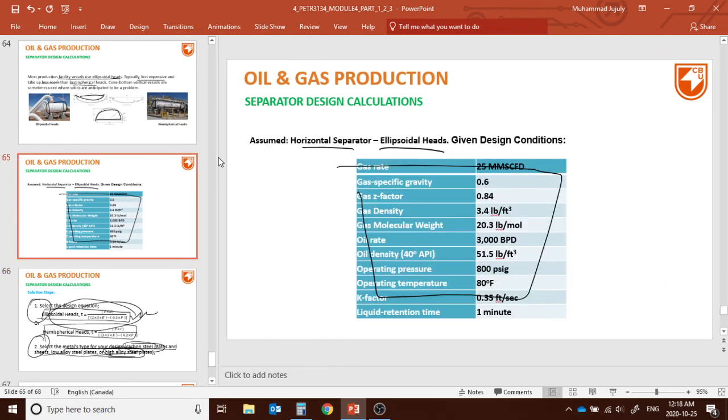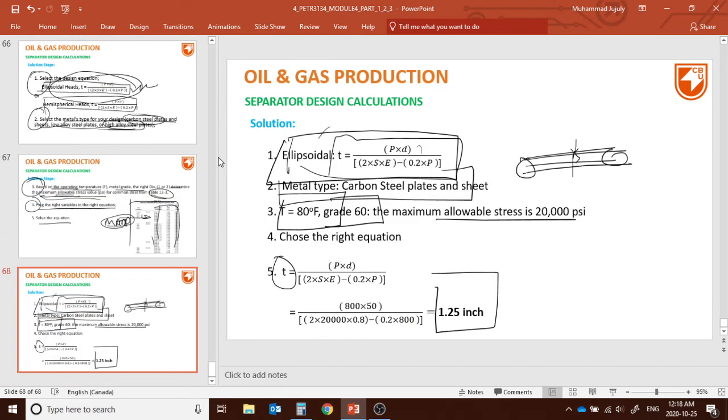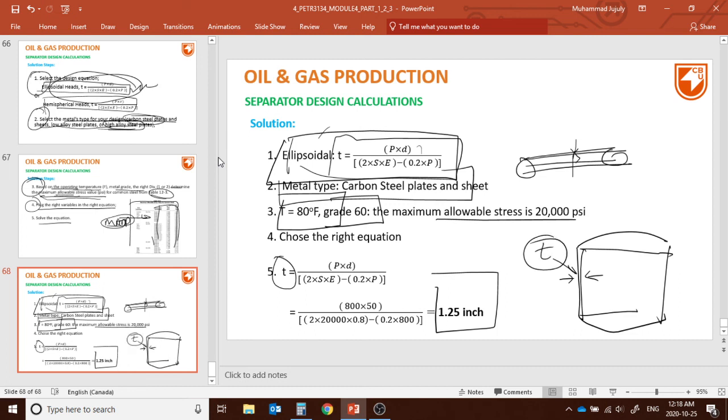This is an example for the separator. In the case of a boiler or any kind of pressure vessel, including the storage tank, the formula is the same. You can use the same formula to calculate the thickness of the material.